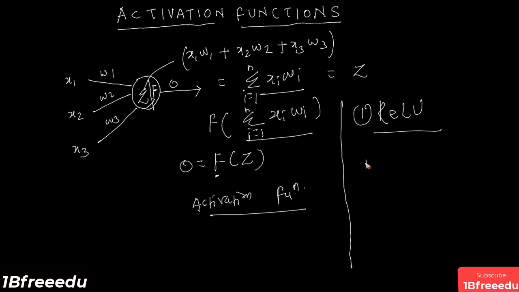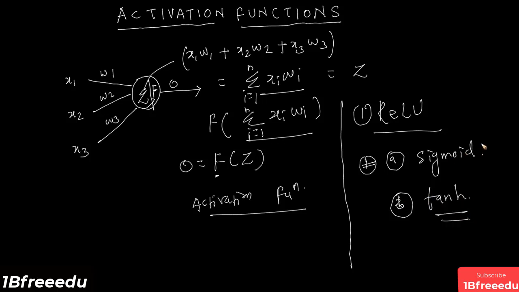The first one, A, is called the sigmoid activation function, and the second one, B, is called tanh. These were the two activation functions popularly used before the advent of ReLU. Let us see these functions one by one.